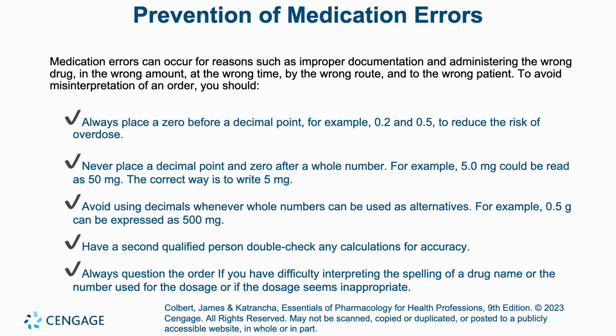So if you're a nurse, it should be another nurse or a physician, etc. And lastly, always question the order if you have difficulty interpreting the spelling of a drug name or the number used for the dosage, or if the dosage seems inappropriate. So again, for a medication to be given correctly, we need to give the right drug, the right amount, the right time, the right route, the right patient. Okay? And then we also need to make sure our documentation matches.